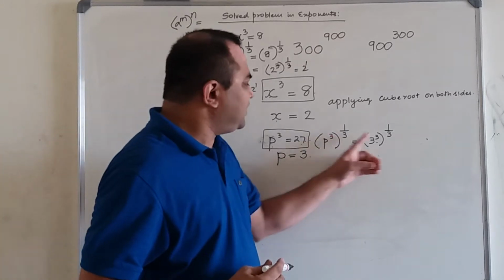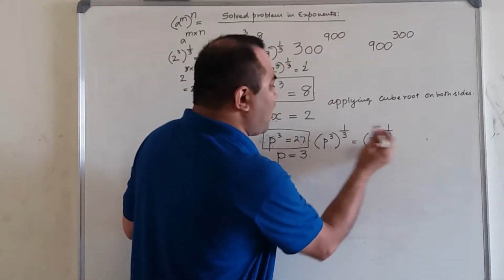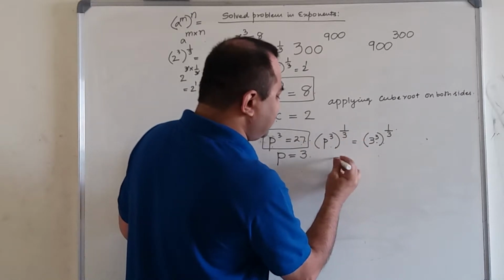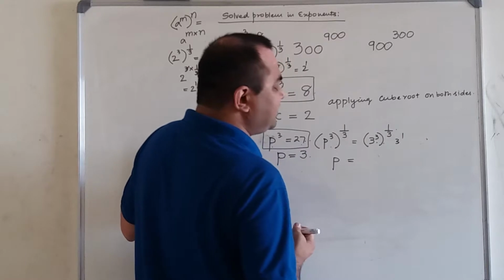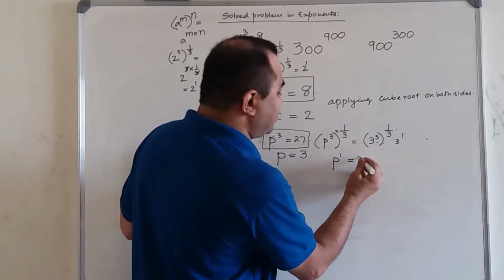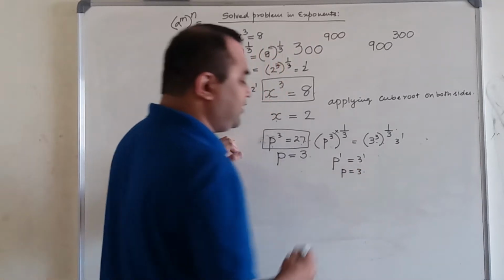So get rid of 3 from both places by raising them to a common root 1 by 3. So p into 3 into 1 by 3 in the power's place will become 1, and 3 into 1 by 3 in the power's place here also will convert into 1. So p is equal to 3.